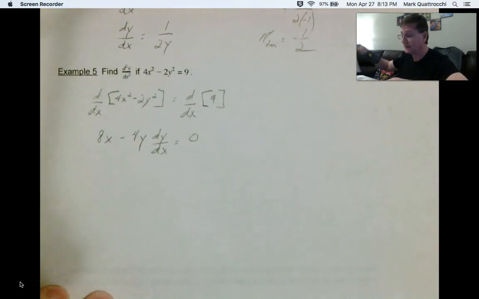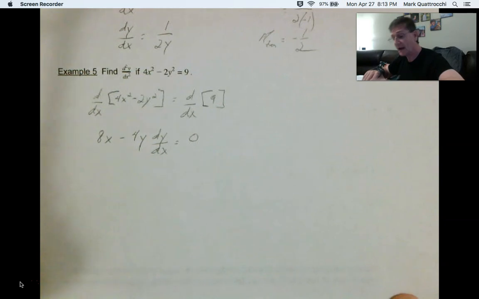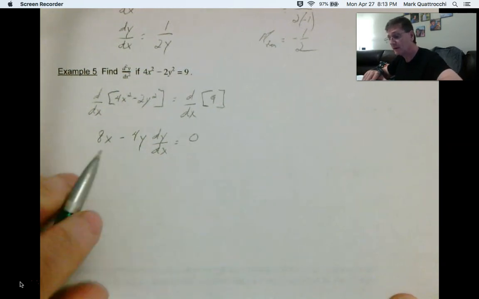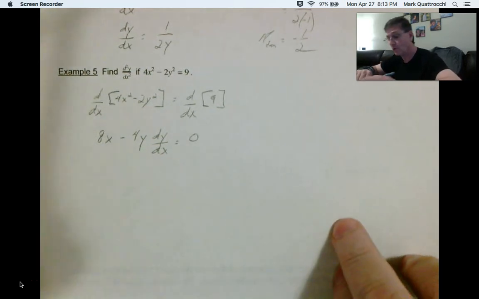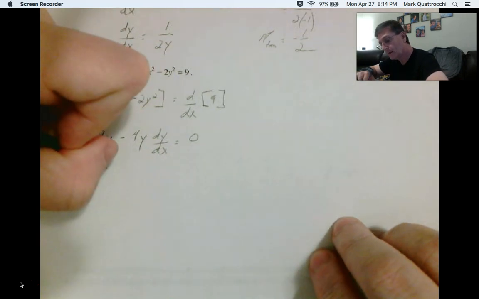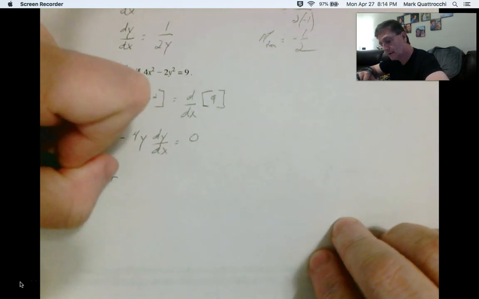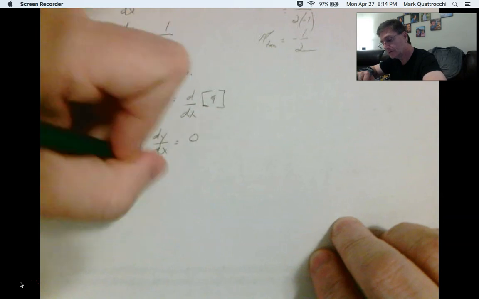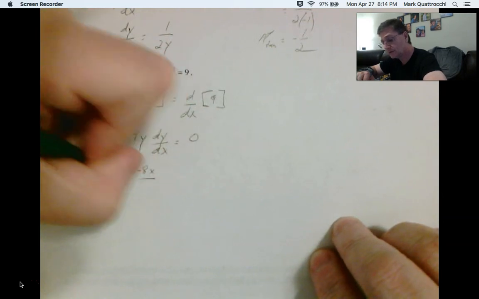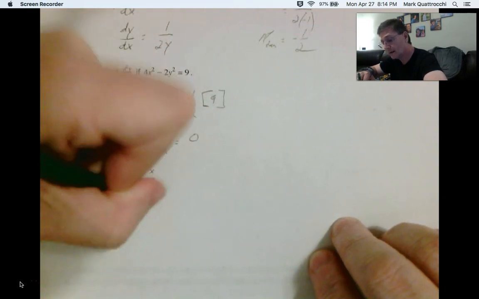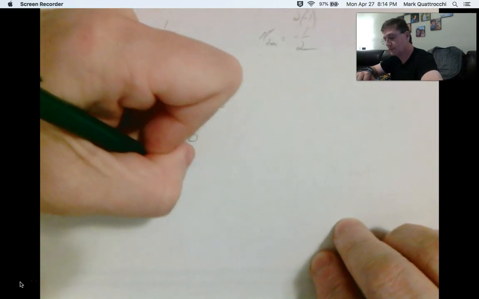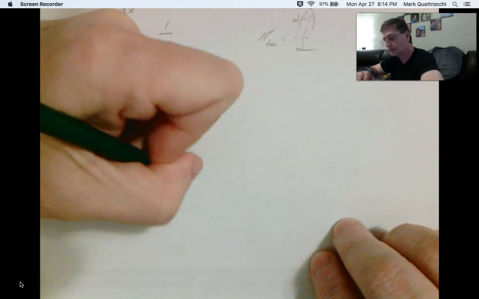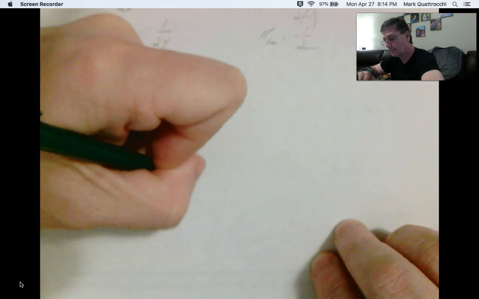To solve this for dy/dx, we're going to subtract 8x from both sides, divide by negative 4y. dy/dx is going to be negative 8x over negative 4y, which reduces down to positive 2x over y.